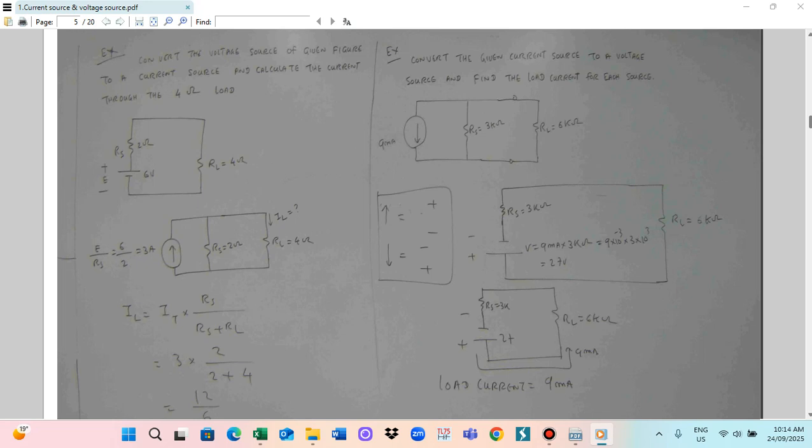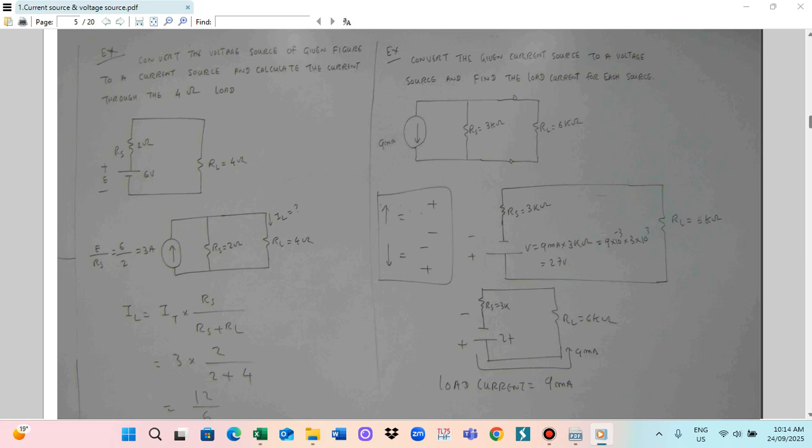27 volt comes from 9 milliampere times 3 kilo ohm, that is 9 into 10 to the power minus 3 times 3 into 10 to the power 3, so you get 27. Also, for the load current, we have to find the total load current.